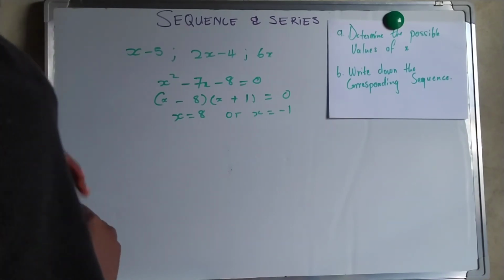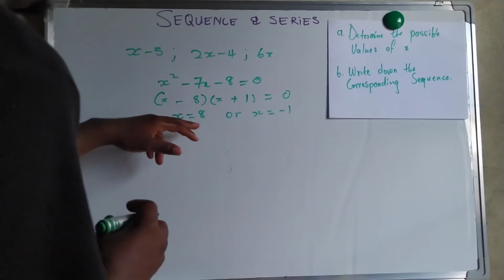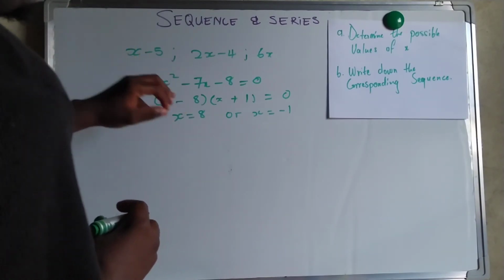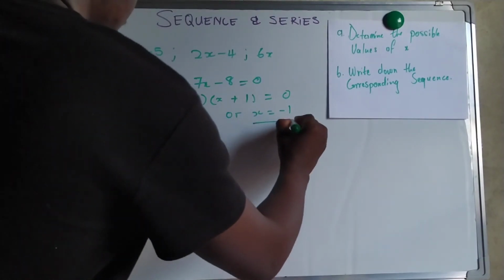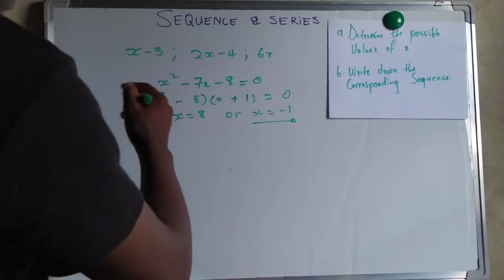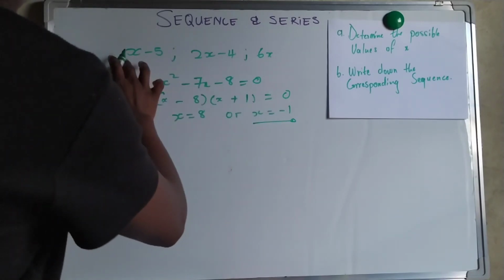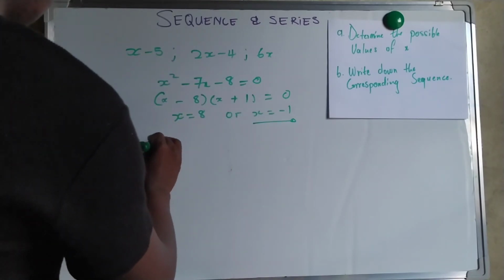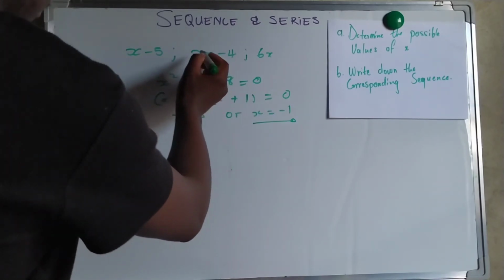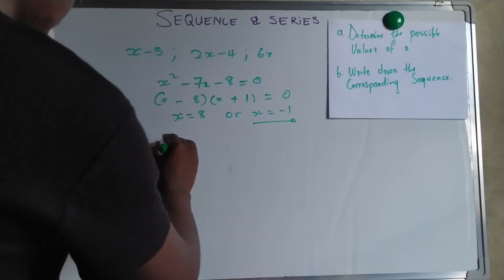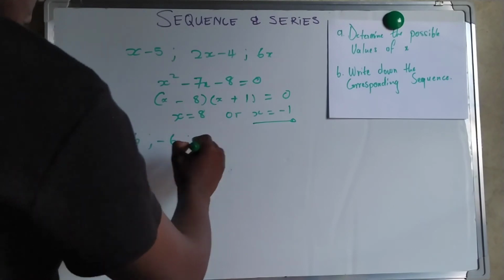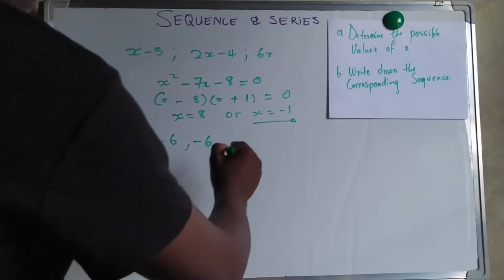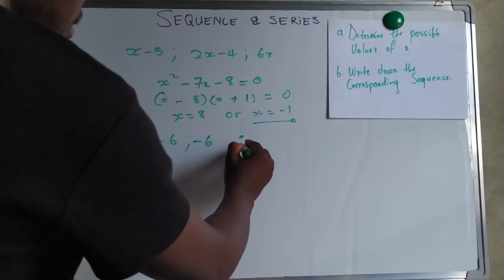We are going to actually have two corresponding sequences because when we substitute this and substitute this, you're going to get different values. So let's start with this one. Okay, so when you substitute minus 1 here, we're going to get minus 6. This will be minus 2 minus 4, which is minus 6. This is going to be minus 6 as well. Okay, so this will be our first geometric sequence.